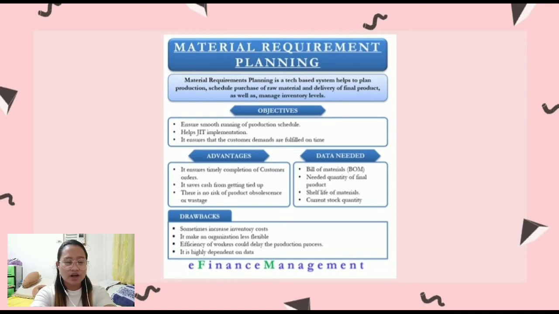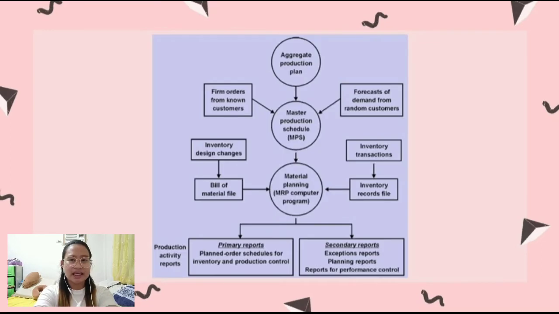Of course, if there are some advantages, there are also drawbacks or disadvantages or hindrances, like it sometimes increases inventory cost or makes an organization less flexible. The efficiency of workers could delay the product process, and it is highly dependent on data. And of course, to complete the material planning program, there is a need of master production schedule or MPS.